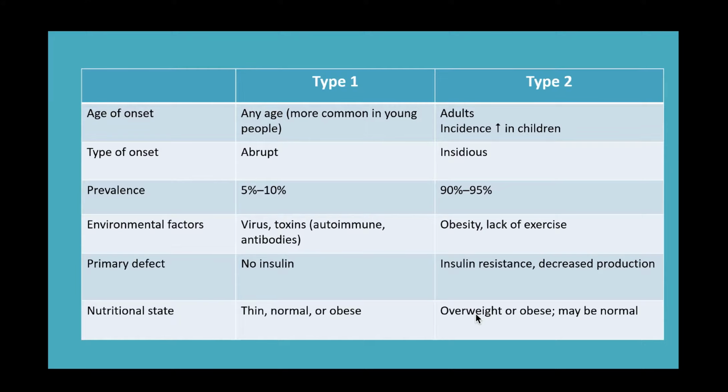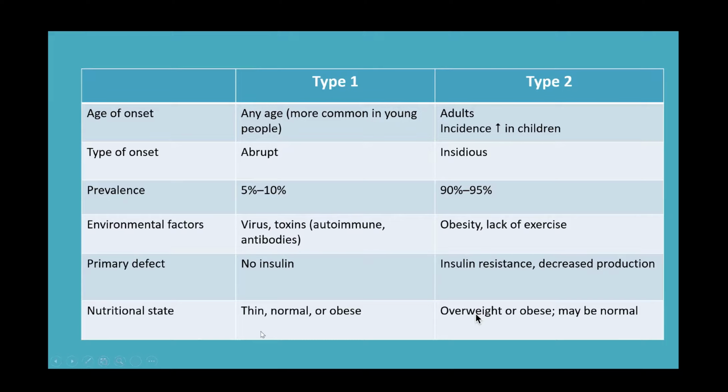So that is the main difference between type 1 and type 2. Type 1 patients do not produce insulin. Type 2 patients produce insulin, either not enough or the body cannot use the insulin that is being produced any longer.